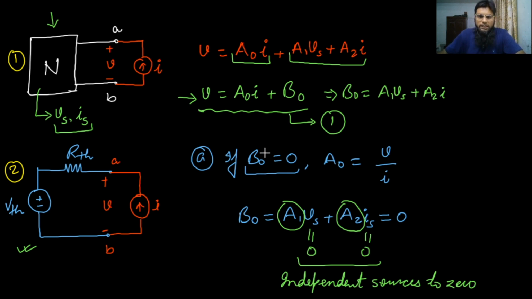Now when we put the independent sources to 0, we are getting A naught as the ratio of voltage and current, which is the equivalent resistance, because V by I is R. We can understand this by analyzing this circuit. Suppose we have a resistance box and we need to find the equivalent resistance or the total resistance in this box.